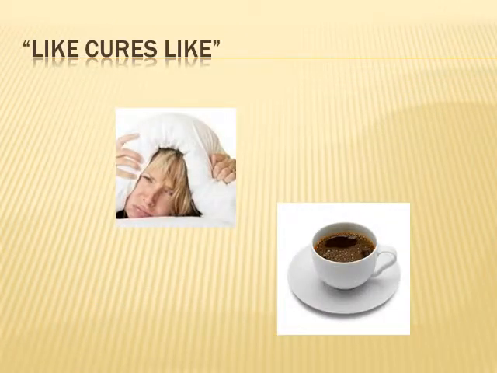We also talked in the last session about the principle of like cures like. This was Hahnemann's hypothesis that he found worked, and basically, substances that cause some symptoms in a healthy person can cure those same symptoms in a sick person.